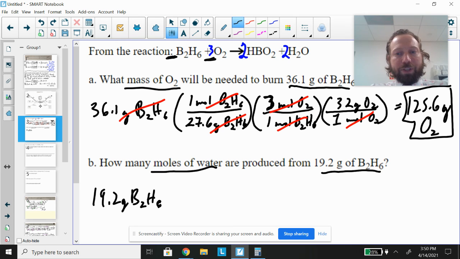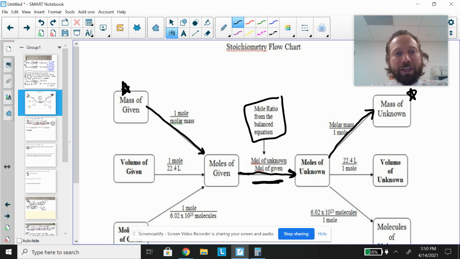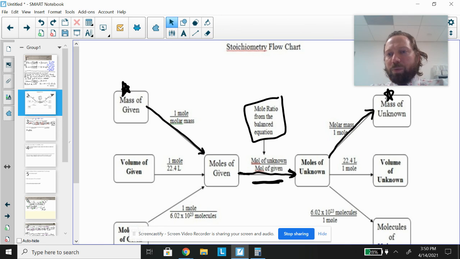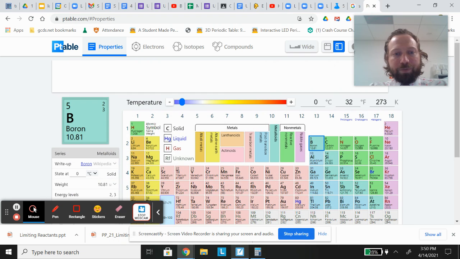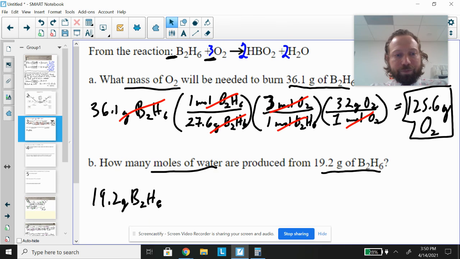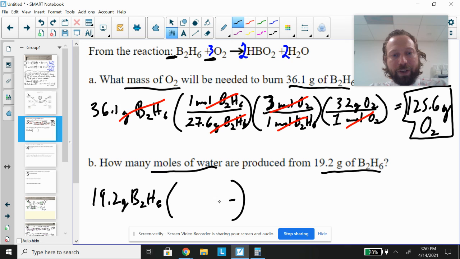And we want to double check, right? We're going from grams of what's given, and where do I want to end up? Well, I don't want to end up where my mass, I actually want to just end up with my moles of water. So I just need to go from mass to moles, and then moles to moles. So I'm going to go from my mass to my moles. So I go and divide by the molar mass.